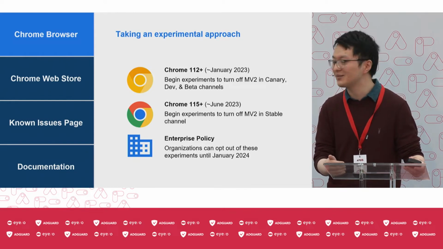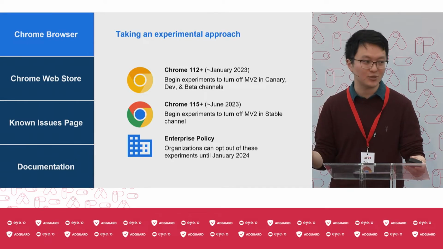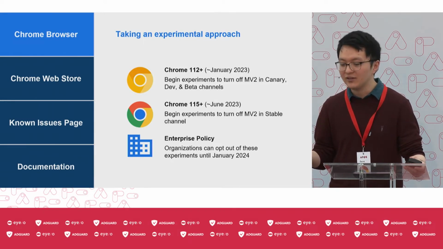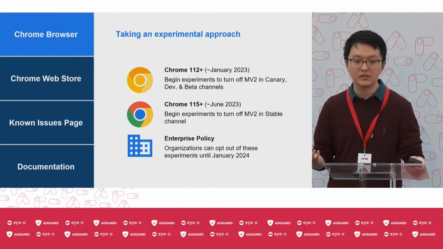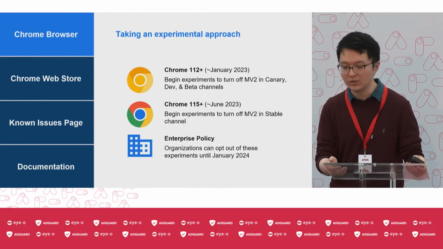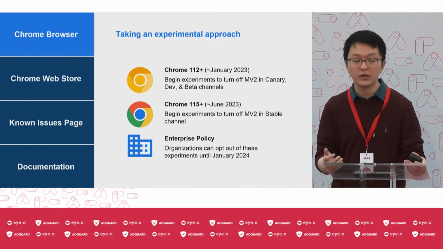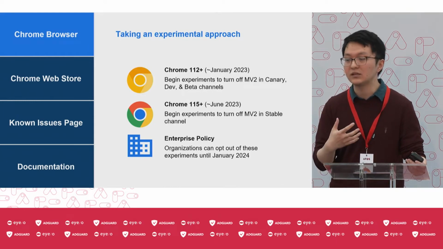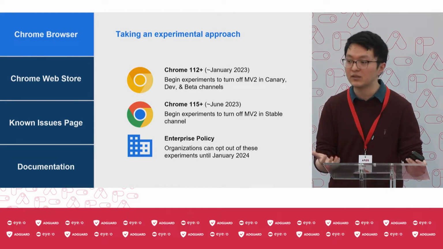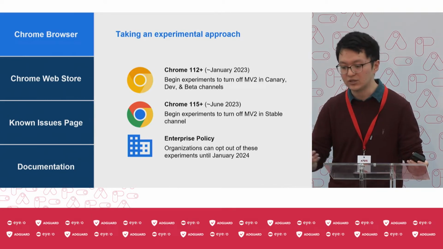We had a lot of details about a lot of those changes, and it was a bit fuzzier going outwards into 2023. And now we know a little bit more about how the rollout of this Manifest v2 deprecation is going to take place, and we have additional details to share with everybody because we are committed to transparency.